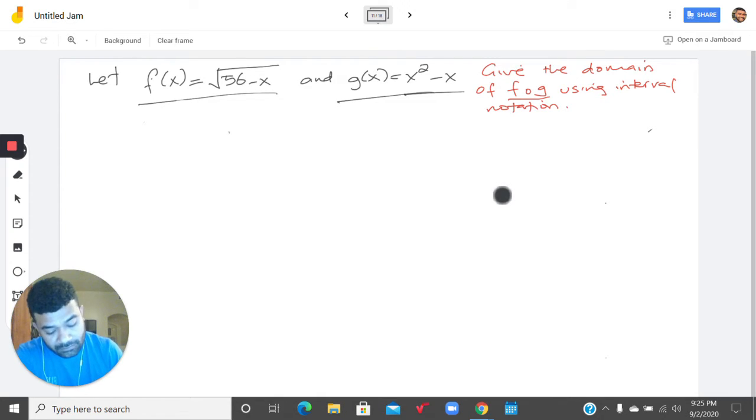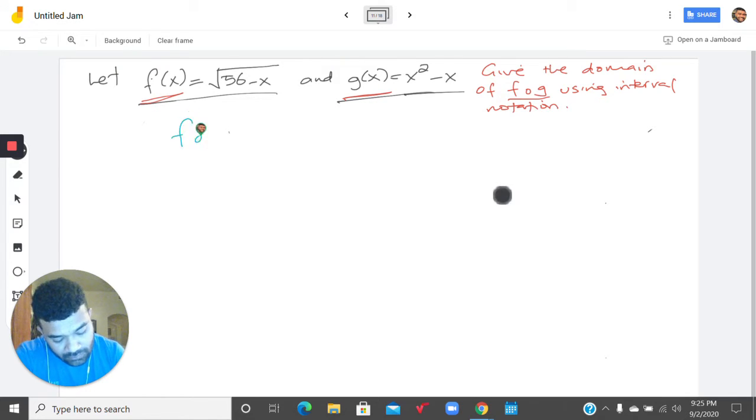We have f of x and then we have g of x, and the question is asking us to find, first of all, before we find the domain or anything, let us solve f of g.